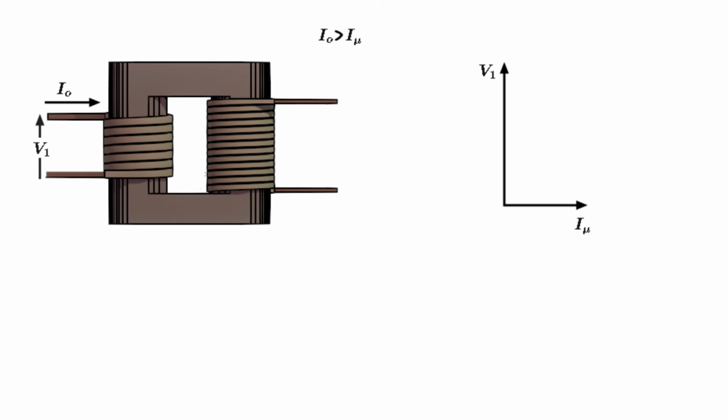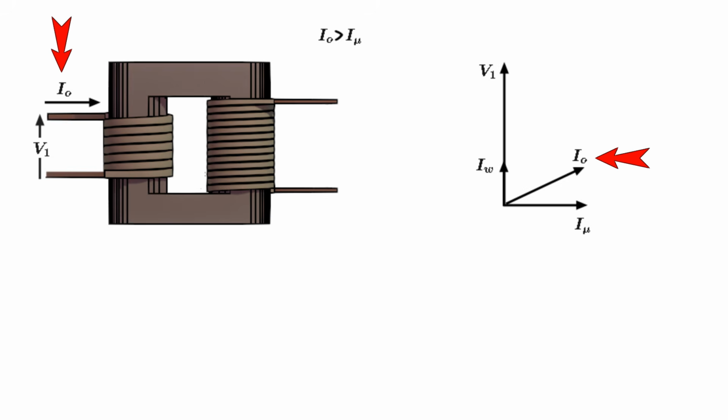The magnetizing current lags the applied voltage V1 by 90 degrees. The core loss component IW is in phase with the applied voltage. Therefore, at no load condition, the total current drawn by the transformer is the vector sum of Iμ and IW. This total current is called the no-load current, denoted as I0.